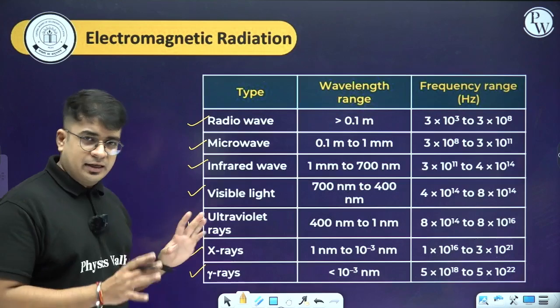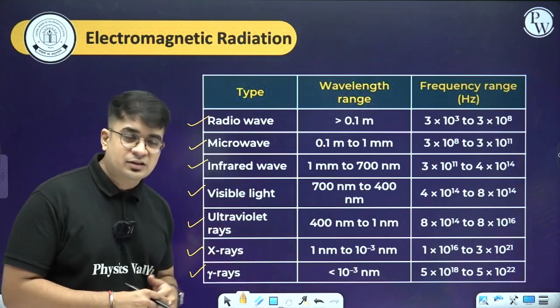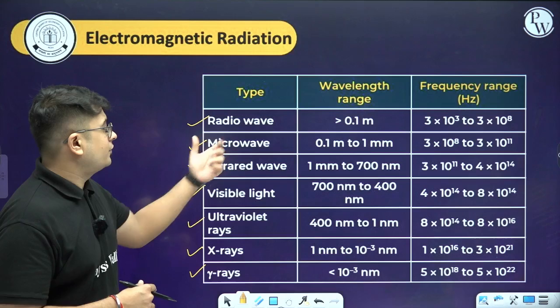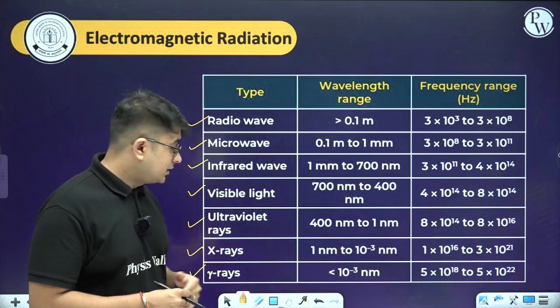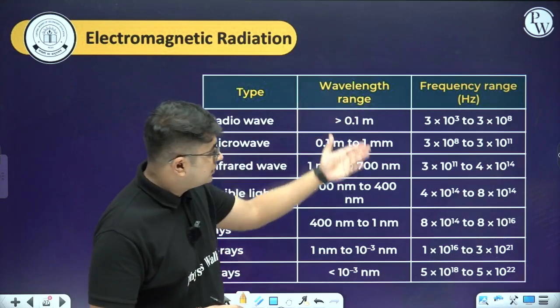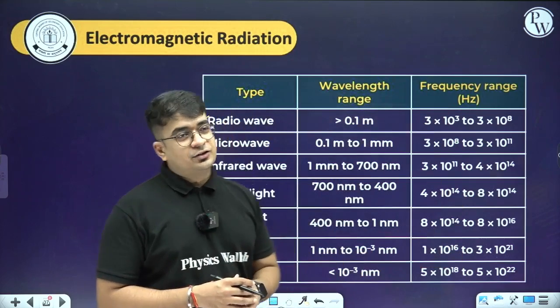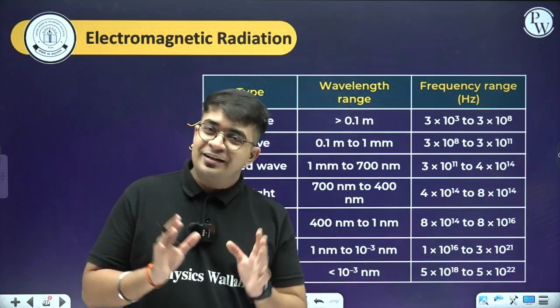But in chemistry, we are more focused on these rays, which are basically your electromagnetic radiations. So we have radio wave, microwave, infrared wave, visible light, ultraviolet rays, X-rays, gamma rays, and you can see their wavelength as well as frequency range is entirely different. So this is the basic idea about all the electromagnetic radiations.